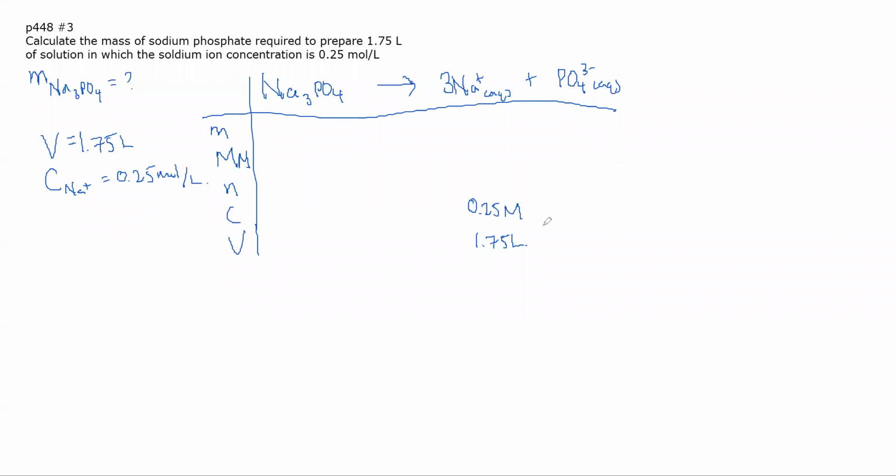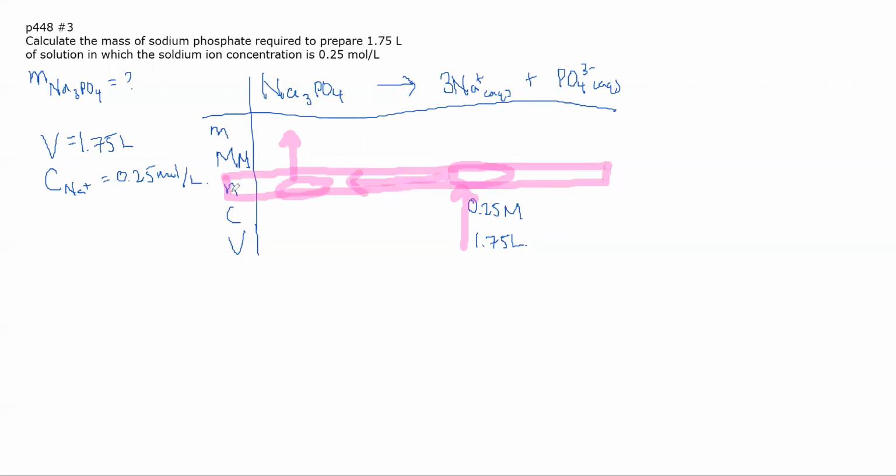I'm going to use C and V to calculate how many moles I need. Once I calculate the number of moles, we can use mole ratios to get to the column of interest. If I have the number of moles for the compound of interest, I can use that to calculate the mass.